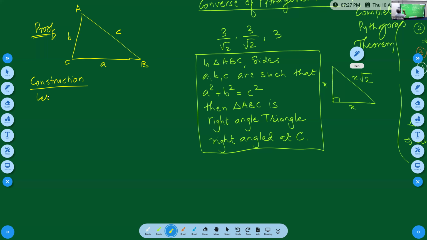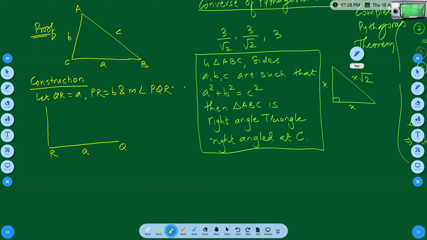Let QR equal small a. We can construct a segment QR of length small a. Let QR equal small a, PR equal small b, and measure angle PRQ equal to 90.